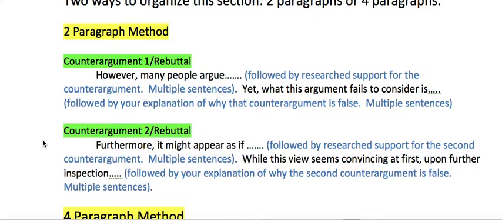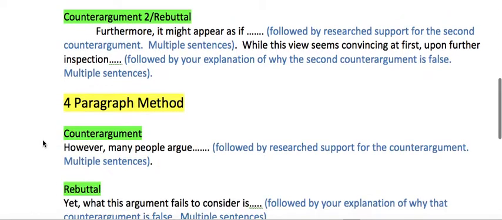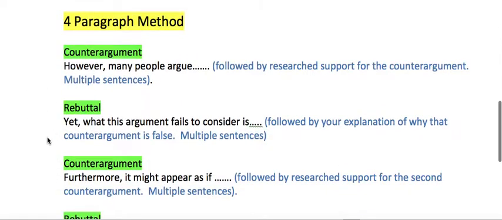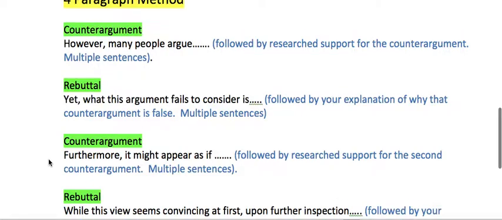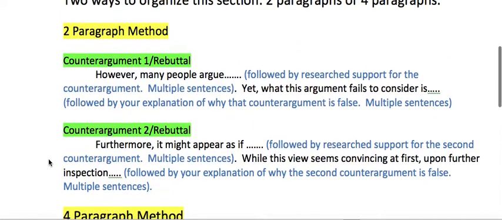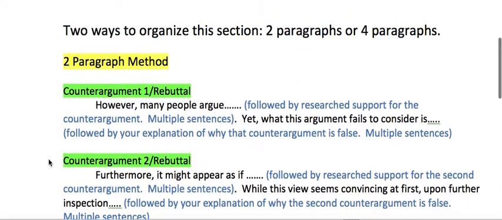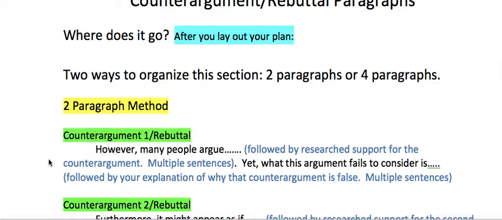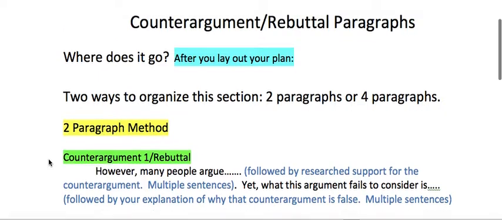Then if you want to move into your conclusion or work on another part of your paper, you can do that. For the 4-paragraph method, that's going to give you about 80 minutes. Either method that you choose, you should still be able to get it finished in class today. Hold yourself to those timelines, really be focused. Let your outline guide you because your outline should have your notes in it. Write to those, cite your sources, and you'll have a great day.